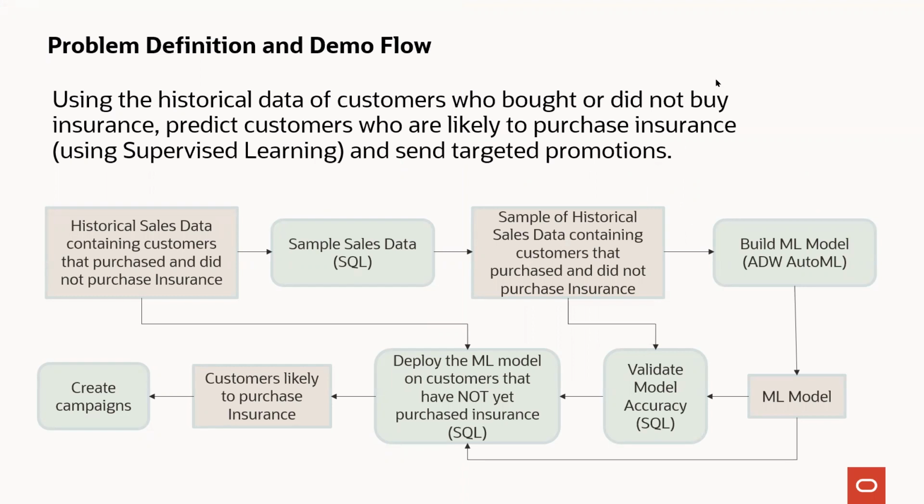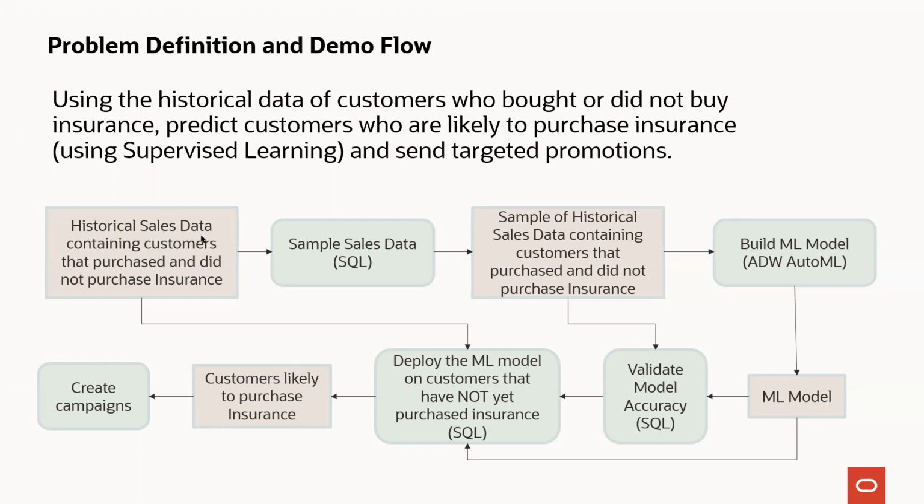So here, let's imagine that we are working for a company that sells insurance policies, and it has lots of historical data of customers who purchased insurance and who have not purchased the insurance.